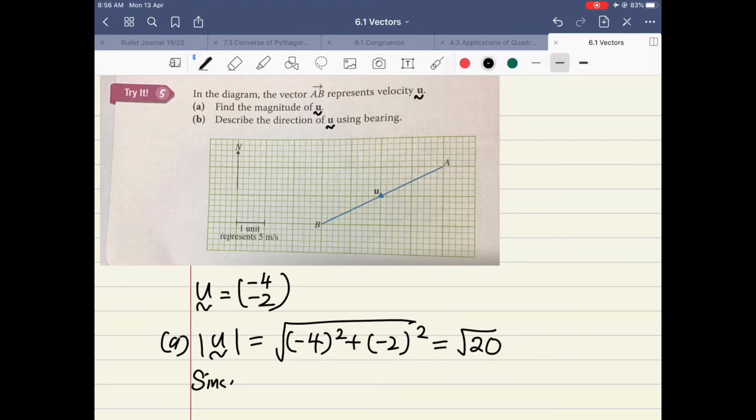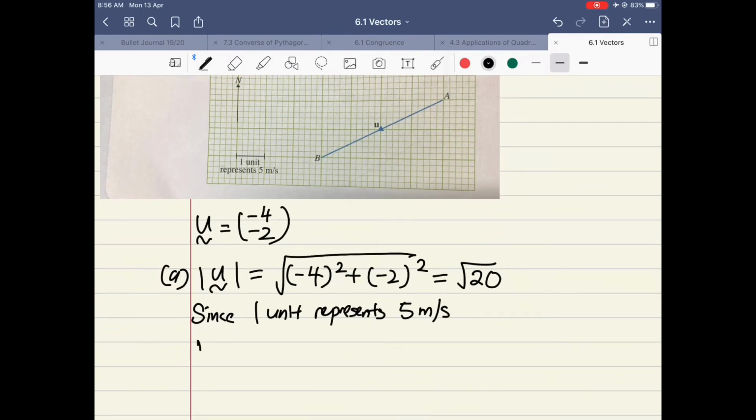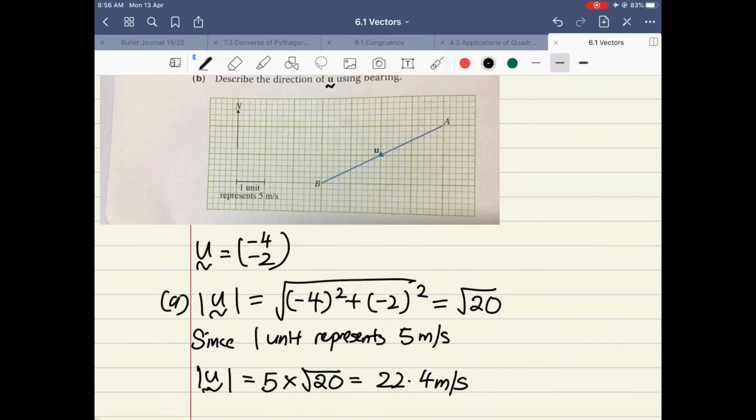Hence, since 1 unit represents 5 meters per second, the magnitude of vector u is equals to 5 times square root of 20. So that will give me 22.4 meters per second, correct to 3 significant figures.